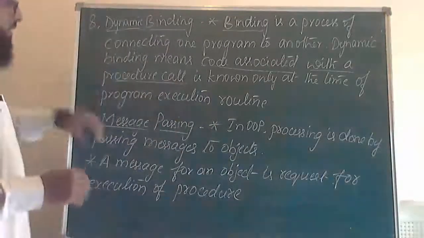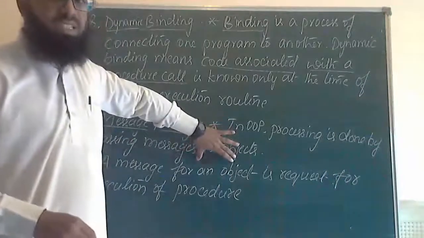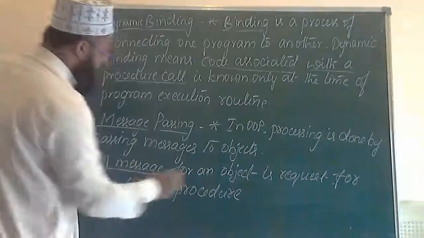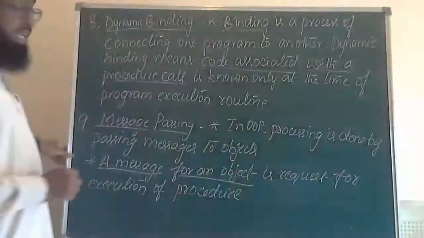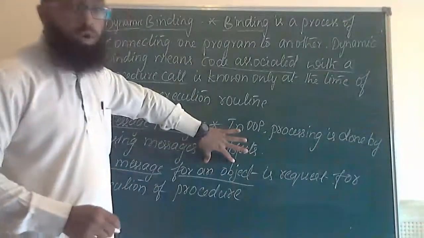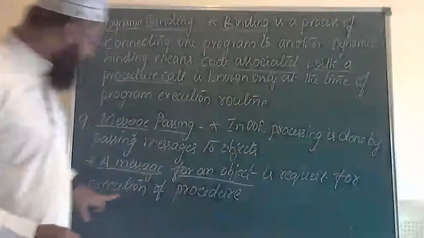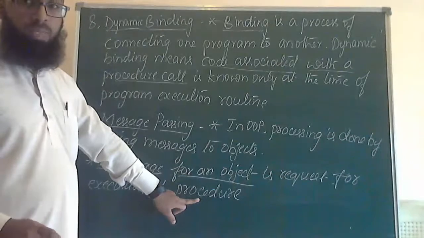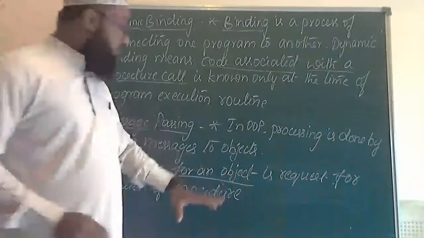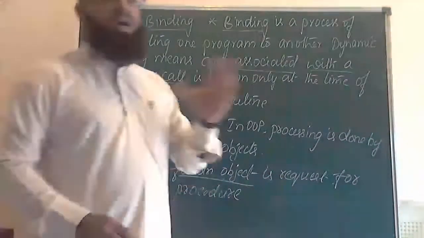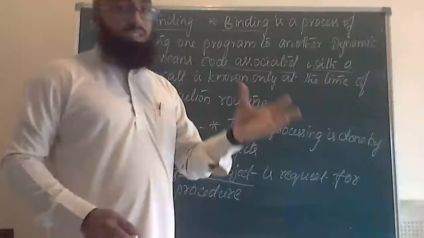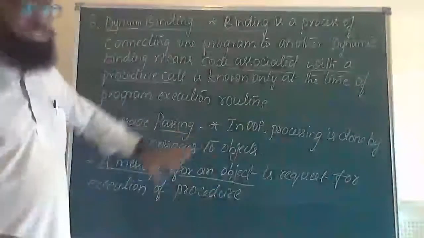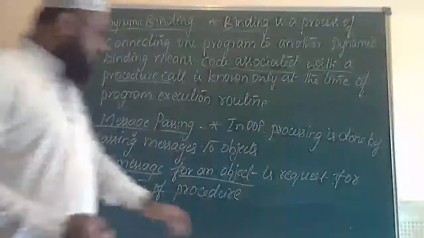Look, if messages are passed among the objects, then a message for an object means it is a request for an object to complete the procedure execution. If from a program a message is passed to the object to complete that execution, this is called message passing.